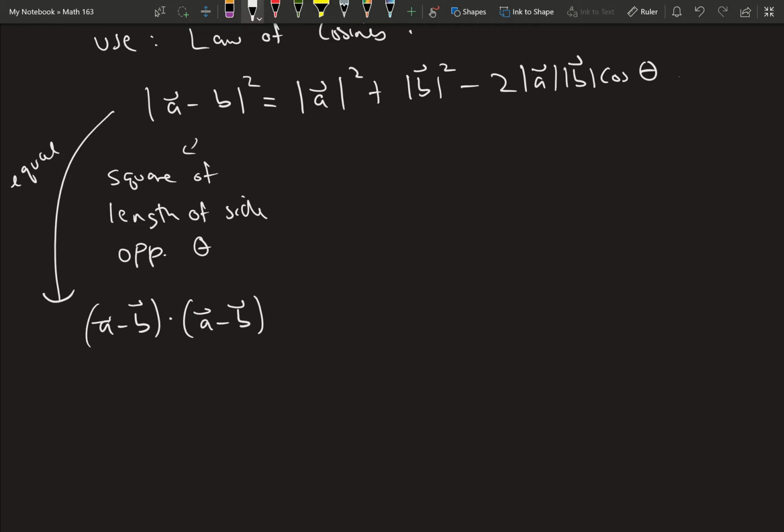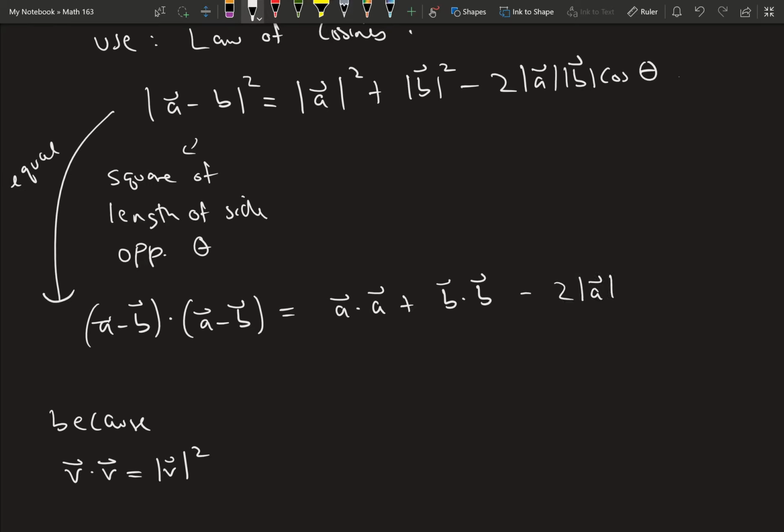Any vector dotted with itself is equal to the length of the vector squared. So this is equal to A dot A plus B dot B minus 2 length of A, length of B, cosine of theta.